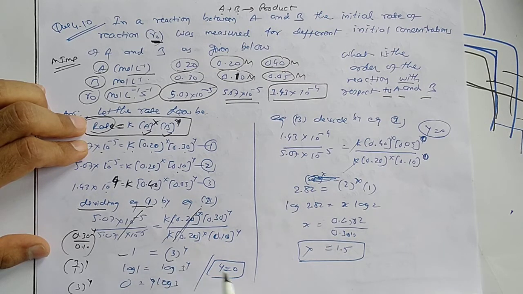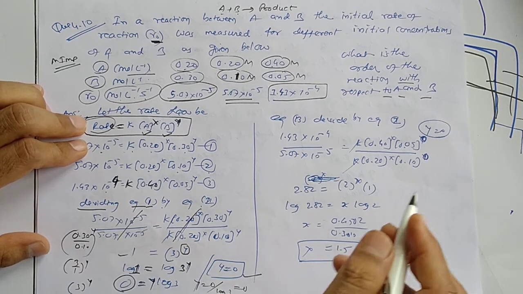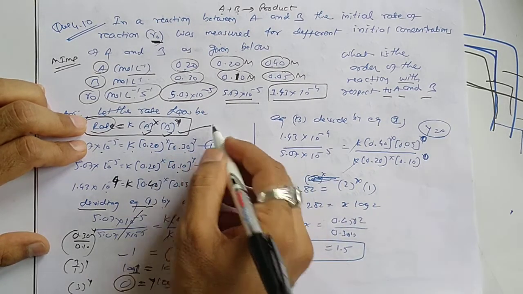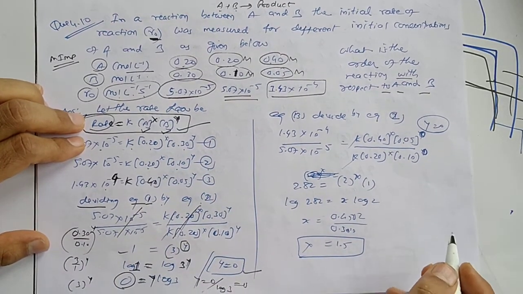Applying logarithm on both sides to get the value of y: log 1 equals y log 3. The value of log 1 is 0, so y log 3 = 0, so y is 0. So with reference to B, the order of reaction is 0.